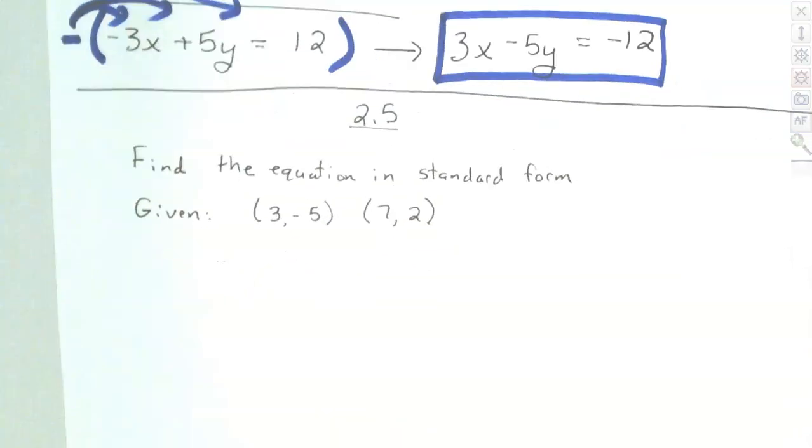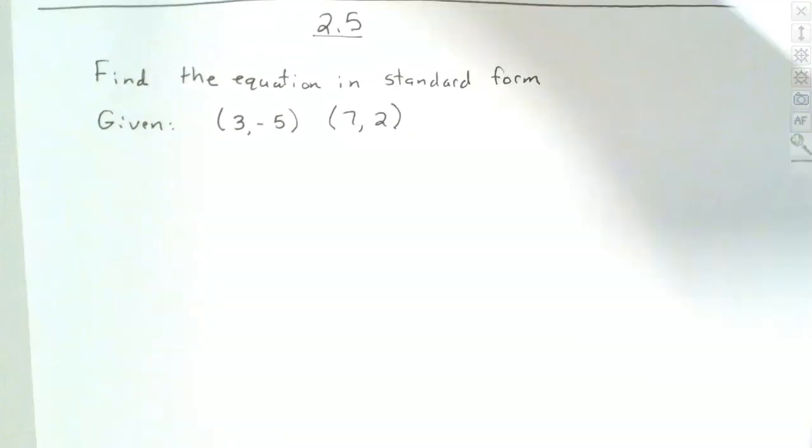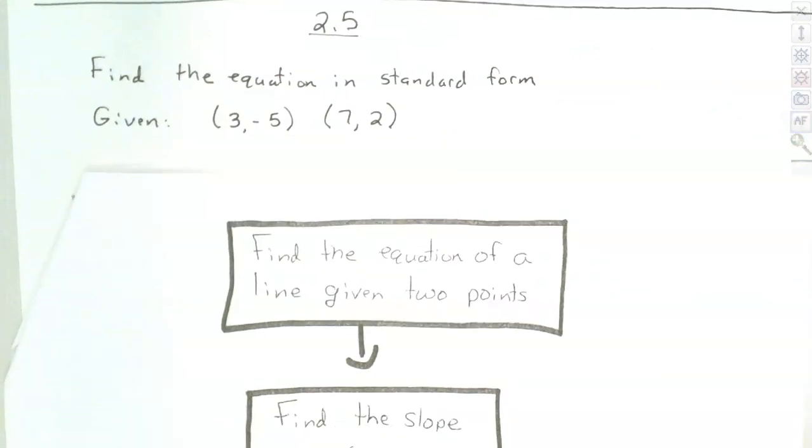So we're going to try and apply that new flowchart. And we're going to use this one because what do we have? We have 2 points. Okay, there's 3 flowcharts. Each of them are a little bit different. But this one is when you're given 2 points.